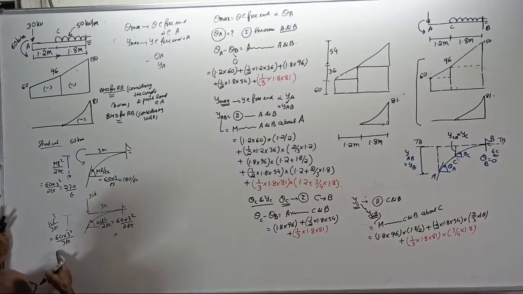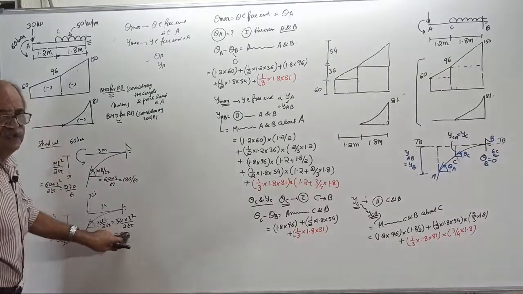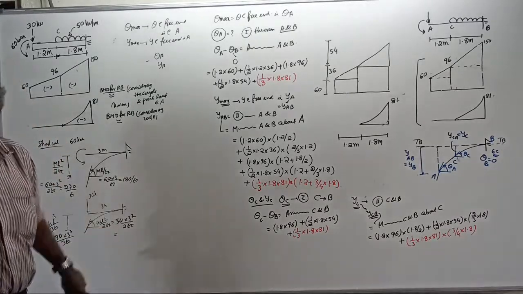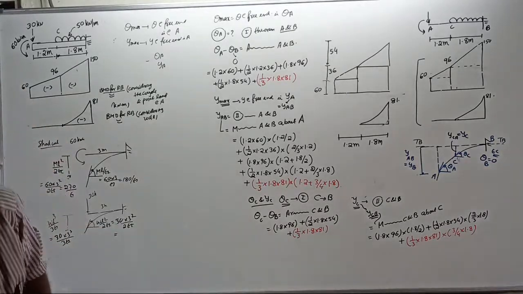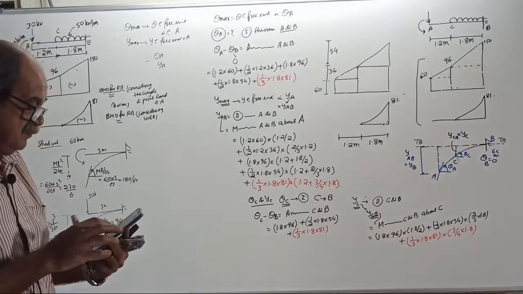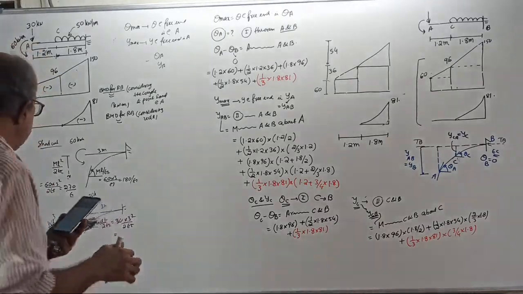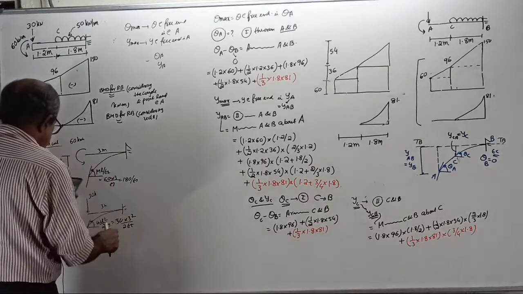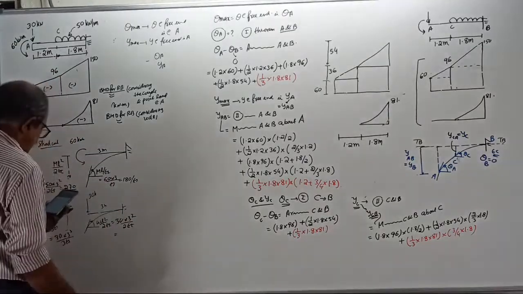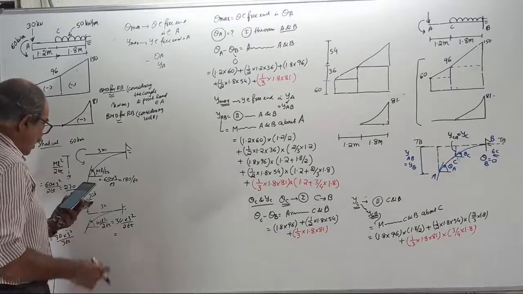What is the answer? Tell this one first: 60 into 3 square by 2EI. Not 60, sorry, the load is 30. 30 into 3 square by 2EI. Tell this answer, and don't make any mistake. Do not delay, tell a little fast.